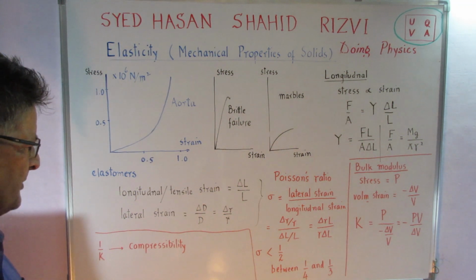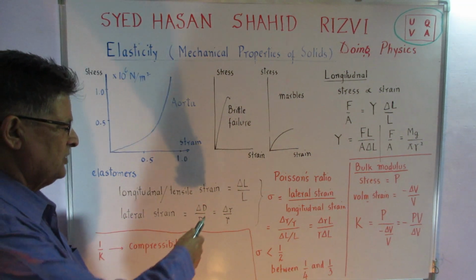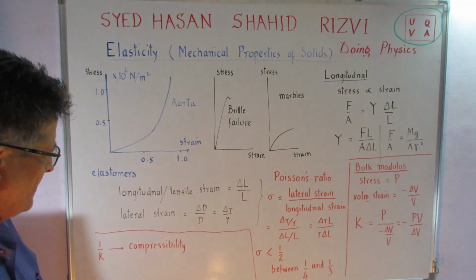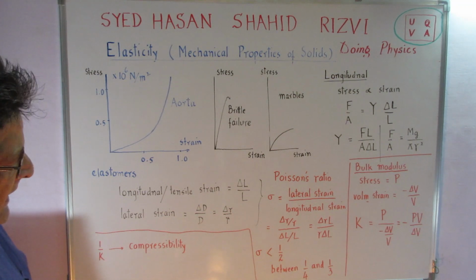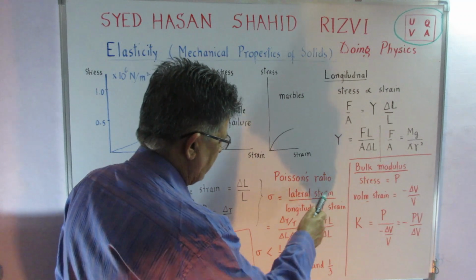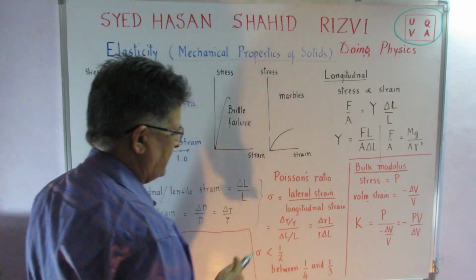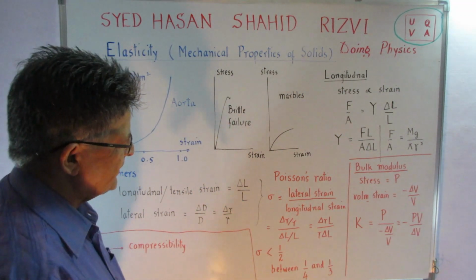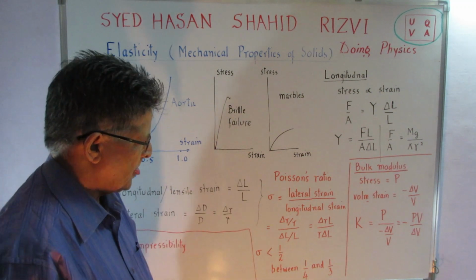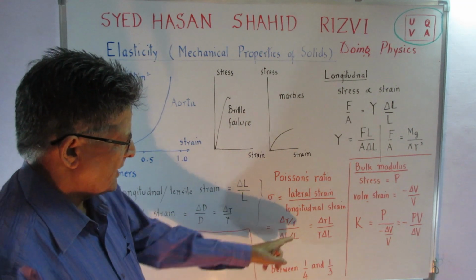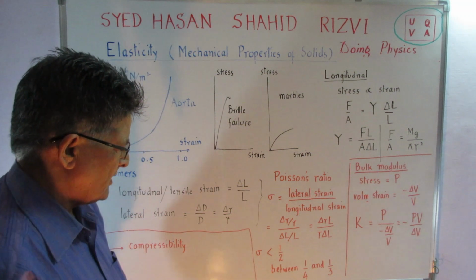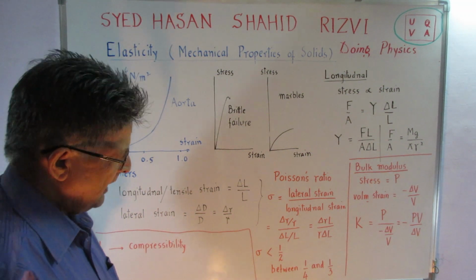Naturally the diameter is twice the radius, so we can write it as delta R upon R. Now, interestingly, the ratio of the lateral strain to longitudinal strain is a very interesting item, and that is called Poisson's ratio, sigma. So delta R upon R divided by delta L upon L, which becomes delta R into L upon R into delta L.